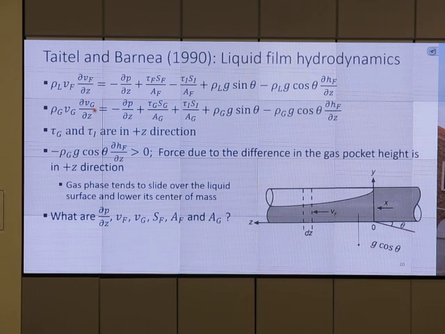Now it's kind of tricky. Arya, what is VF here? What's the page number? 101, okay. Is that the film velocity? Is it the actual film velocity?